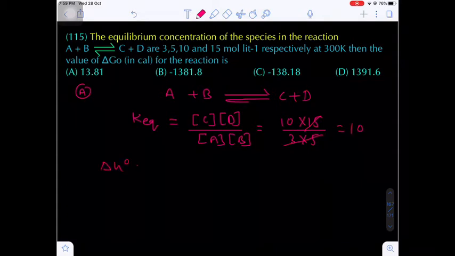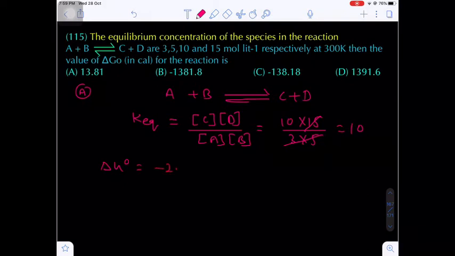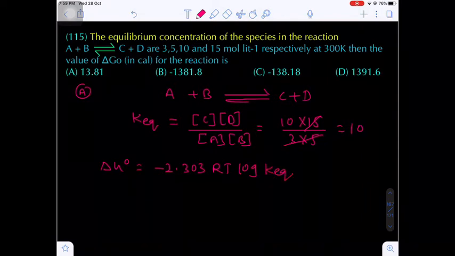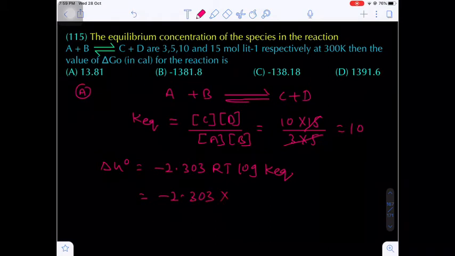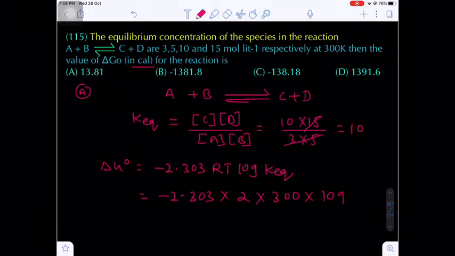After that we can directly write the equation: delta G naught equals minus 2.303 RT log of K equilibrium. Now what is the R value? I have to take 2 calories because the option is asking in terms of calories. The temperature is 300, into logarithm of 10.